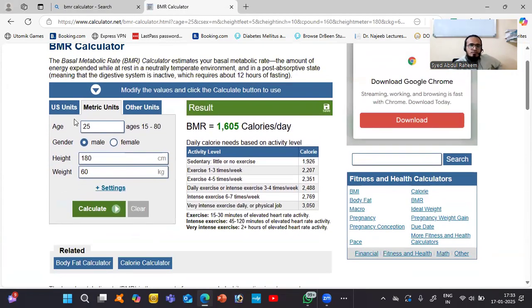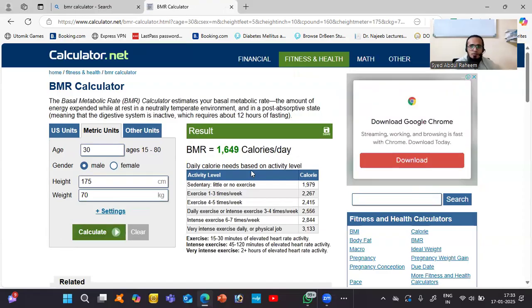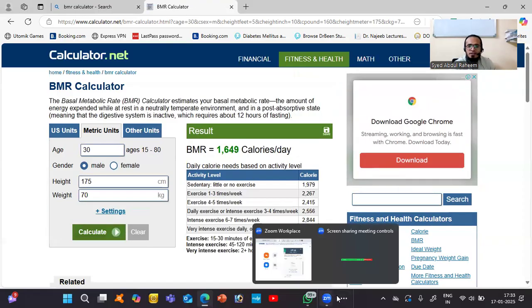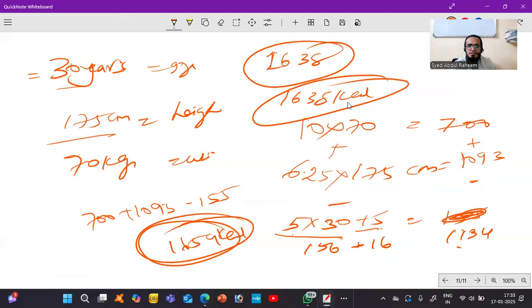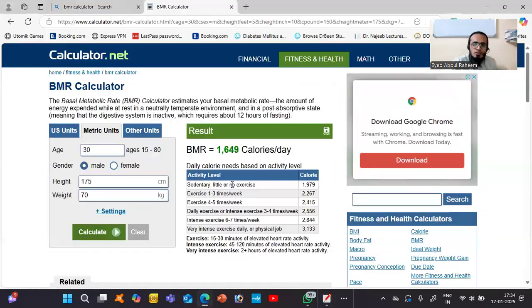Write the age, 30 years, male, height 175 centimeters, weight 70. Now calculate. He requires 1649, and what we did was 1638, so about 1% difference. Extra amounts are also given.